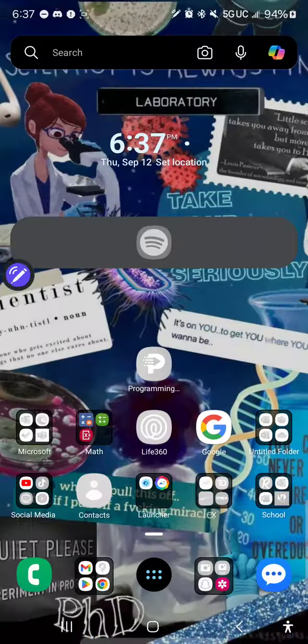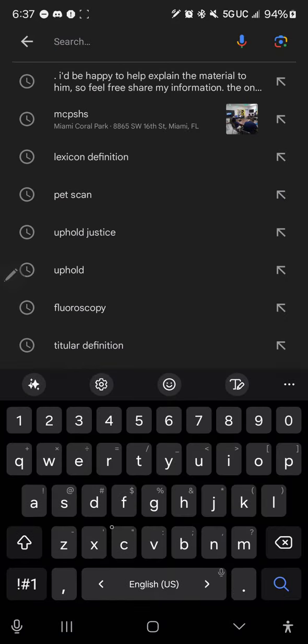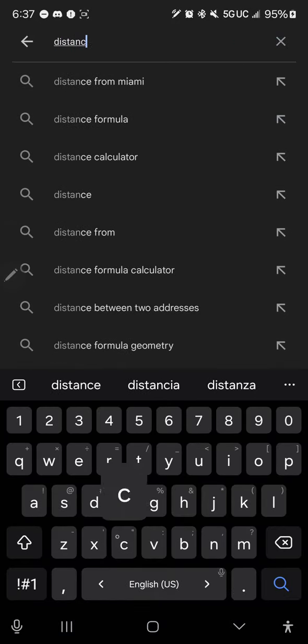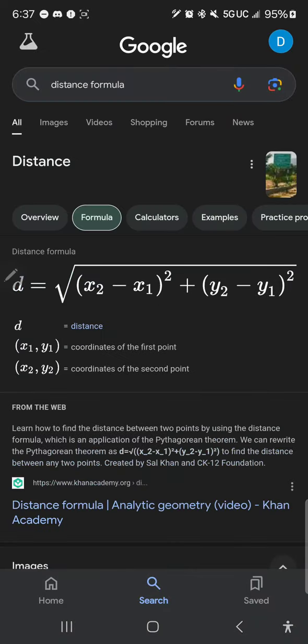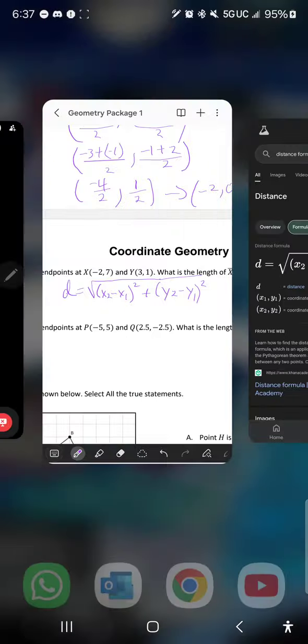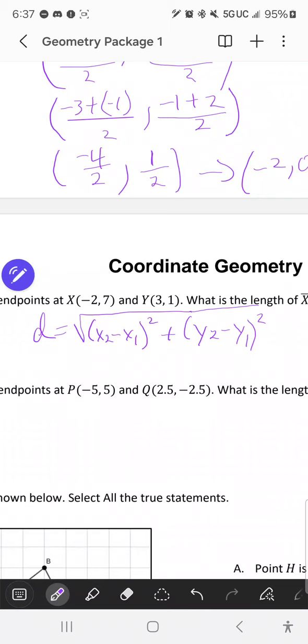I'm going to check that right now just to make sure I'm doing it right, since I haven't done this in a long time.